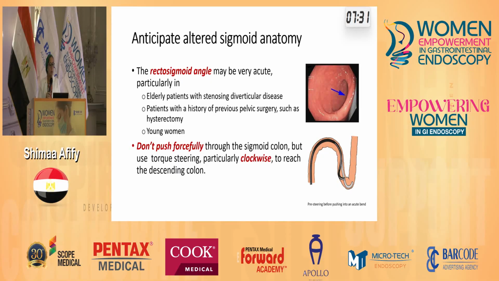Also be careful with patients with a history of pelvic surgeries, such as hysterectomies and cesarean sections, and young women. Never push forcibly during colonoscopy through the sigmoid colon, but torque and steer with clockwise rotation, and then you reach the descending colon.